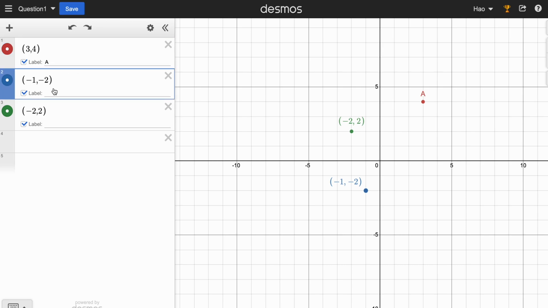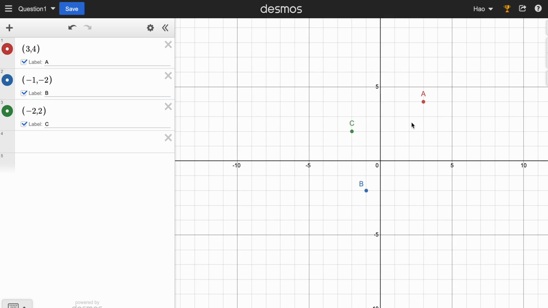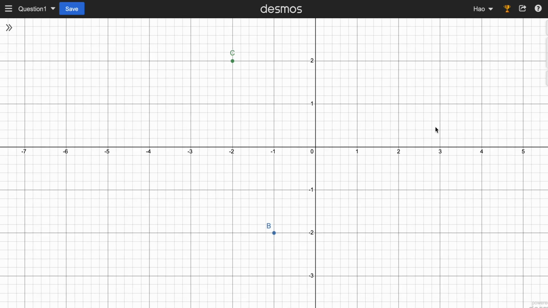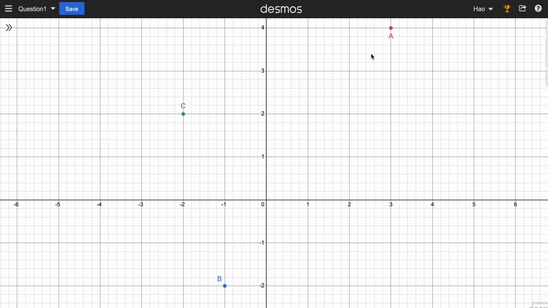Just here, and this B, this C. Close it. And you can see that these points all belong to the quadrants we have talked about. A, quadrant 1, B, quadrant 3, C, quadrant 2.